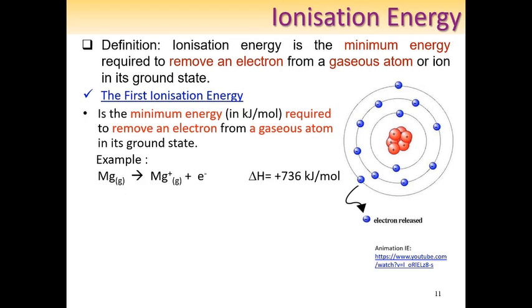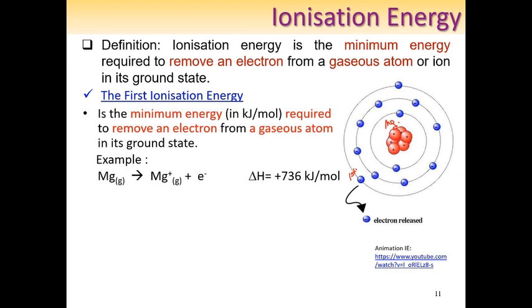Delta H here represents the ionization energy. So for example, this is the first electron of magnesium. Using this picture, this is the magnesium atom. When you remove the first electron, this is the amount of energy needed.